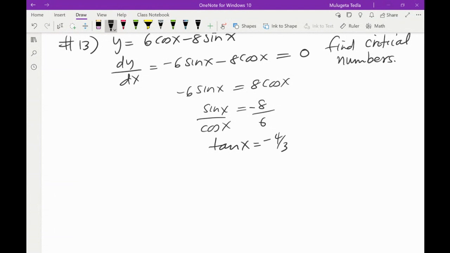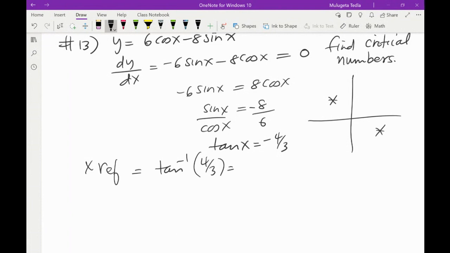Tan is negative in the second and fourth quadrants. The reference angle is tan inverse of 4/3, which is 53.13 degrees.